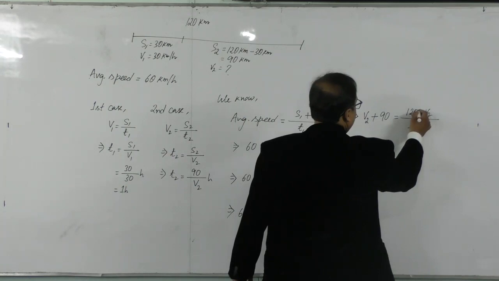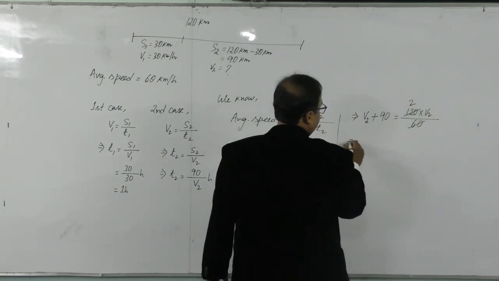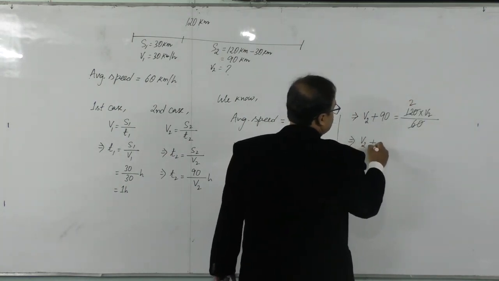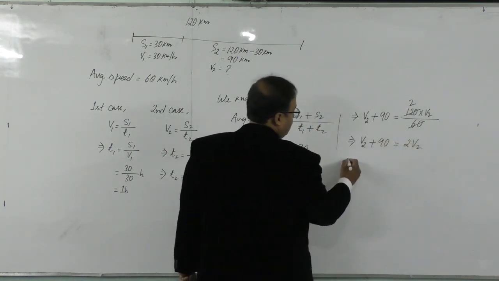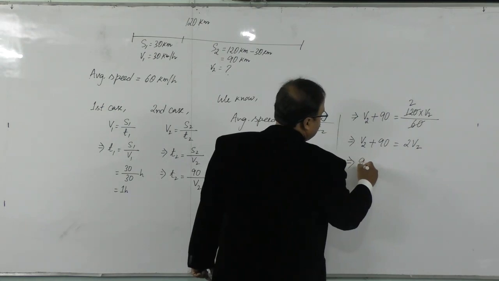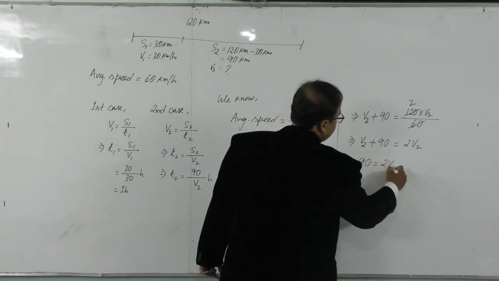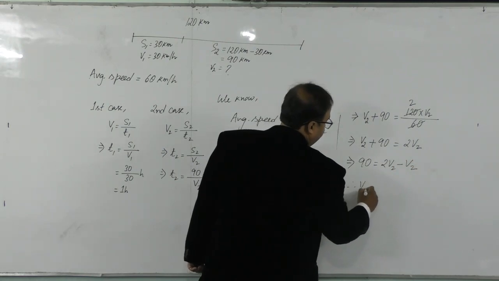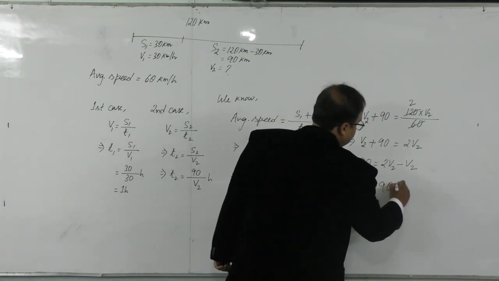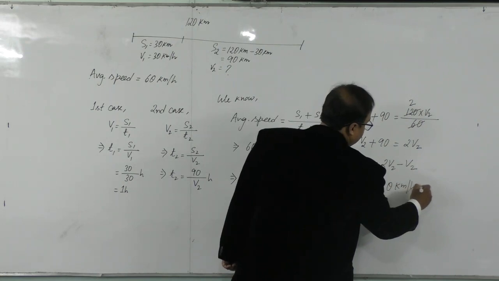Now V2 plus 90 equals 2V2. So 90 equals 2V2 minus V2. Therefore, we can write V2 equals 90 km per hour.